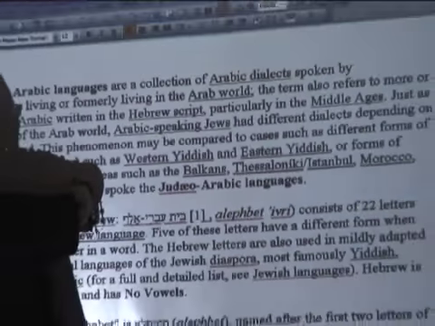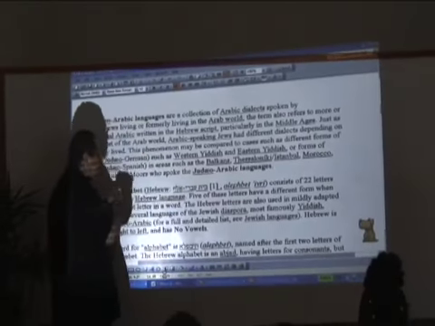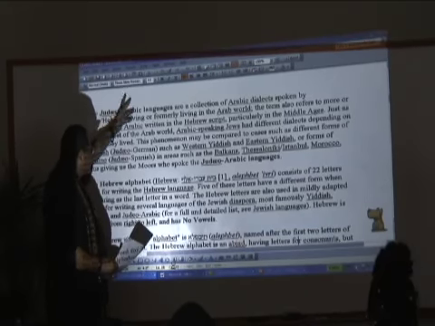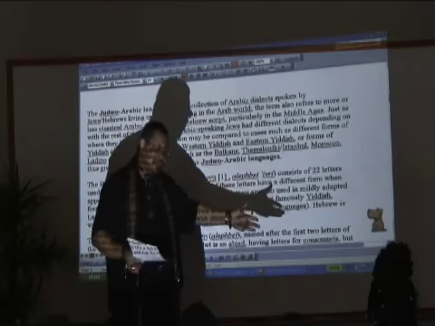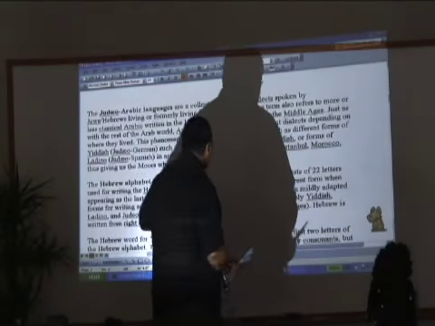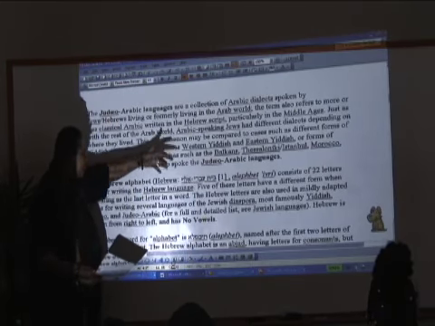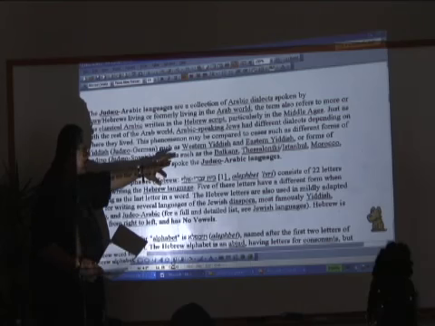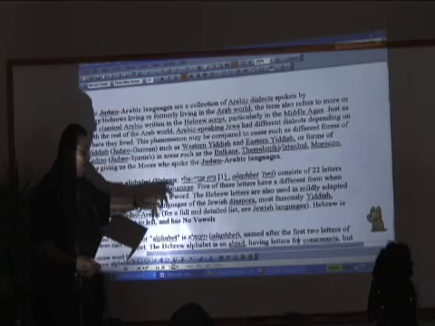what it was is that I copied this information from two encyclopedias, and in these two encyclopedias, they were saying that the Judean Arabic language and the Arabic-speaking Jews, and we know that's true because that's Maimonides, that's Masha'Allah, and etc. They had a different dialect, but then they get into the Judean German, such as the Western Yiddish and Eastern Yiddish, forms of Ladino, which we talked about, the Judean Spanish, and then in areas of the Balkans and the Moroccos, thus giving the Moors who spoke the Judean Arabic language.